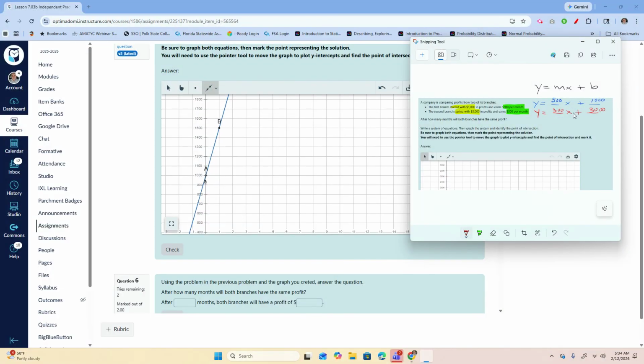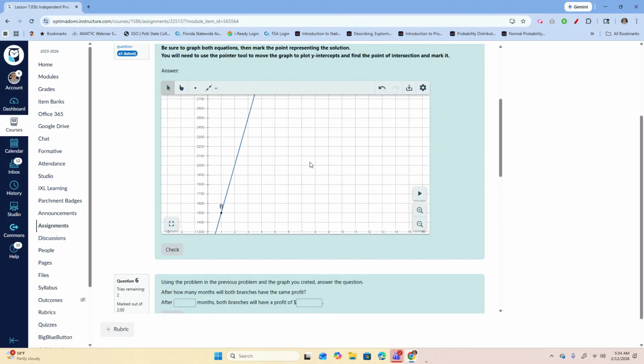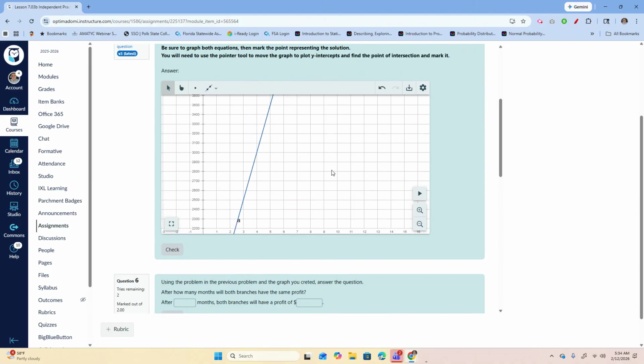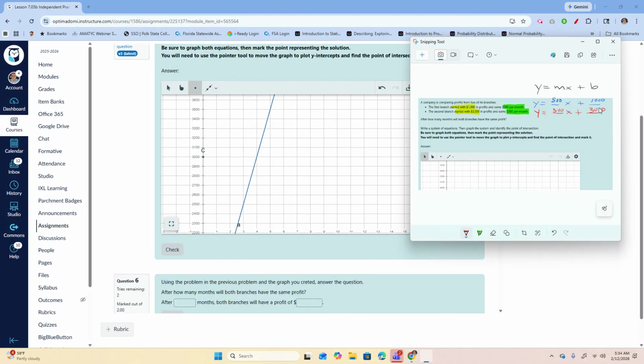Now I'm going to do my second equation. My b is 3,000. So again, I'm not going to click the plus minus. What I'm going to do is I'm going to click on the arrow and I'm going to drag this. There's 3,000. I'm going to drag it a little lower there. So I'm going to click on the 3,000 right there. That is my b.